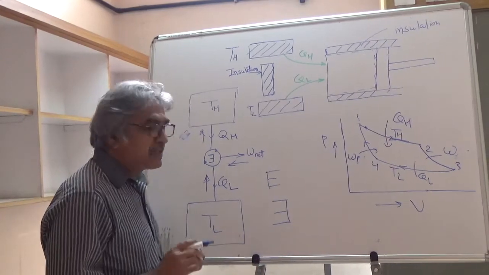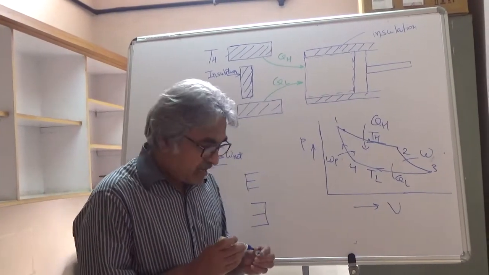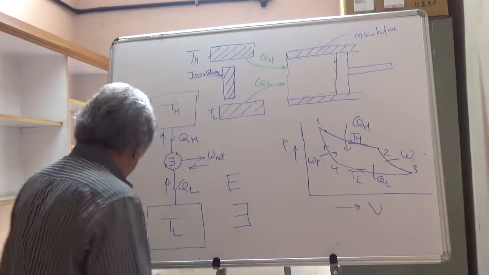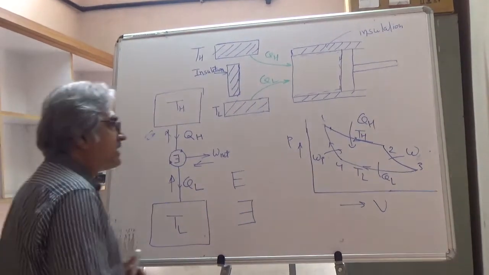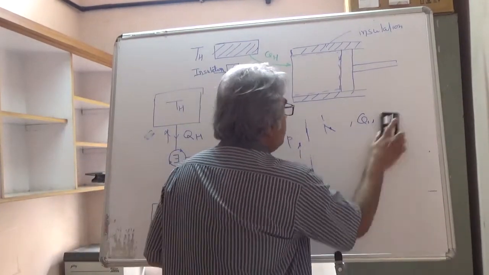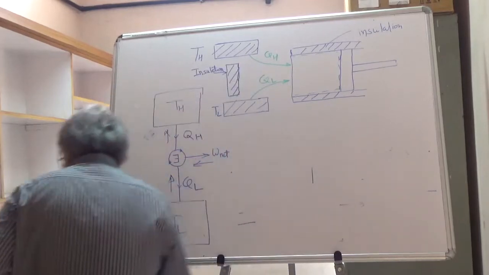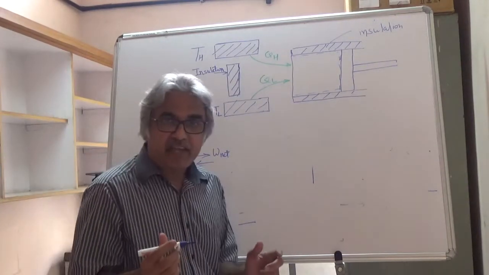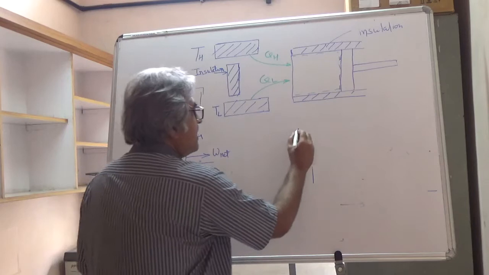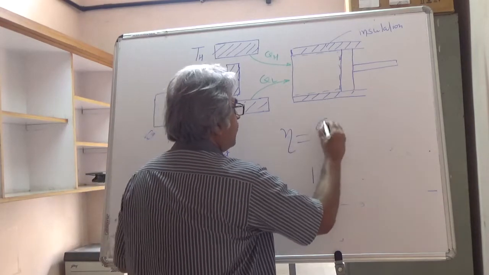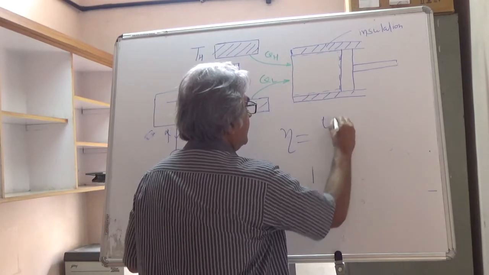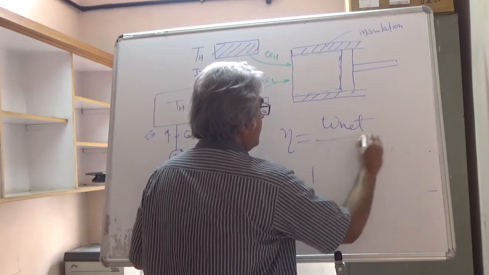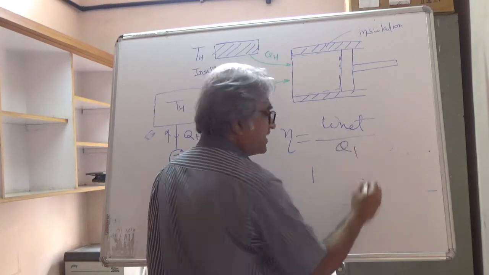Now, when you say Carnot engine, how do we see efficiency? Let's talk about efficiency, and that's the last point. See, efficiency of any engine is net work, W net, upon heat supplied, right?